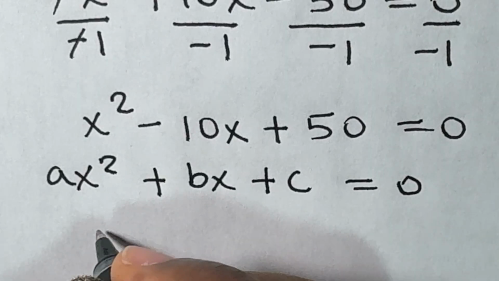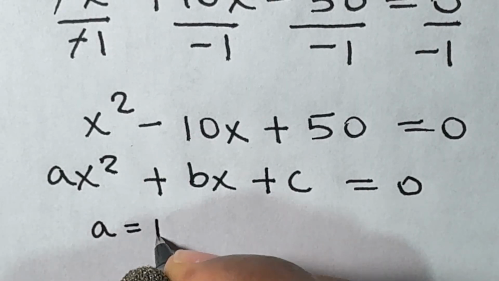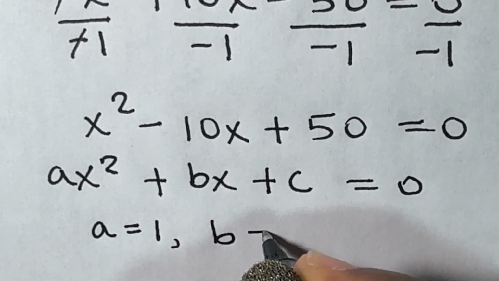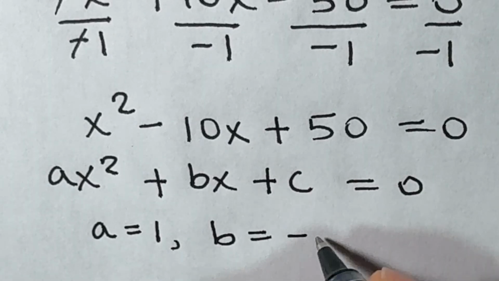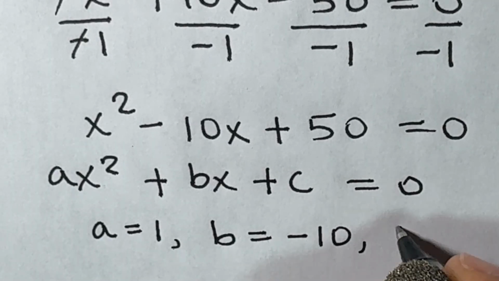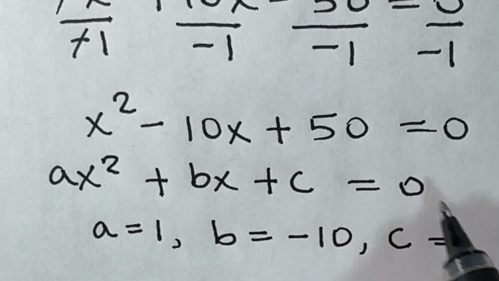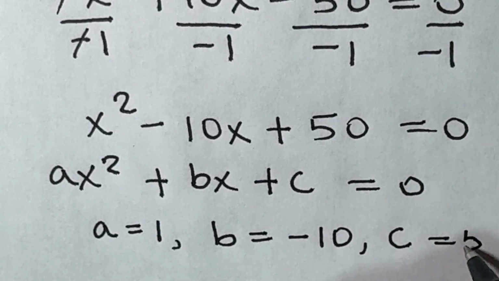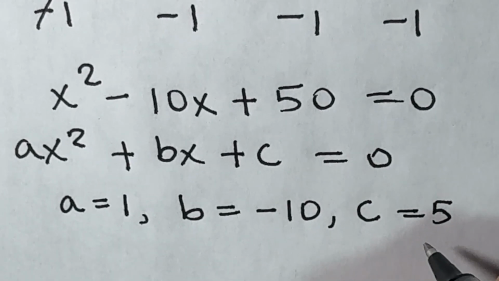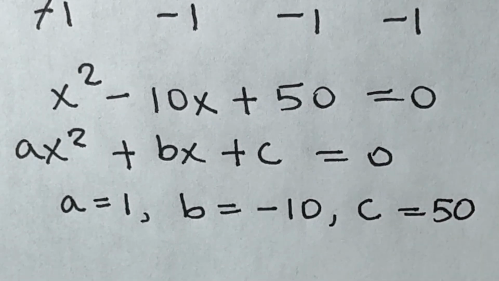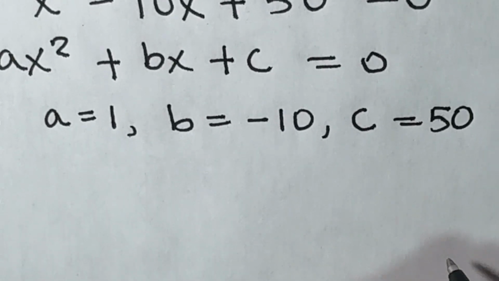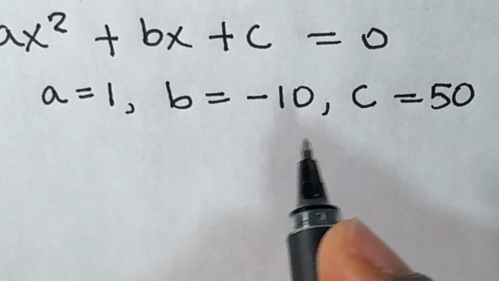Comparing this with this gives us a is equal to 1, b is equal to negative 10, and c is equal to positive 50. Now the next thing is to actually solve for x.